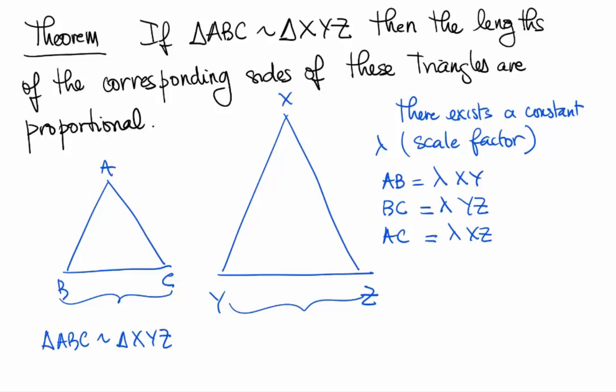If you have a magnifying glass which is scaling every shape by a factor of lambda, and you view triangle ABC through the lens of your magnifying glass, then what you're going to see is a scaled version of ABC, which will be essentially congruent to triangle XYZ. So it essentially just blows up or shrinks a shape by a certain factor, and this factor is constant, and it's called the scale factor.